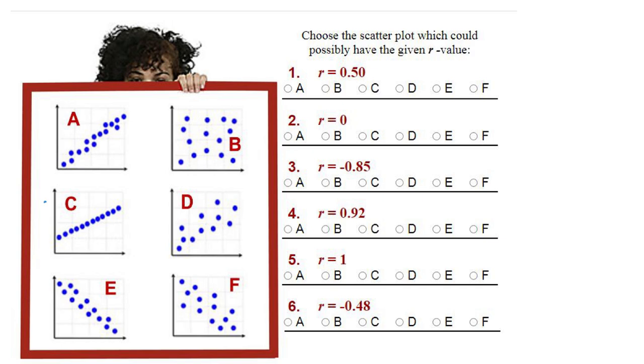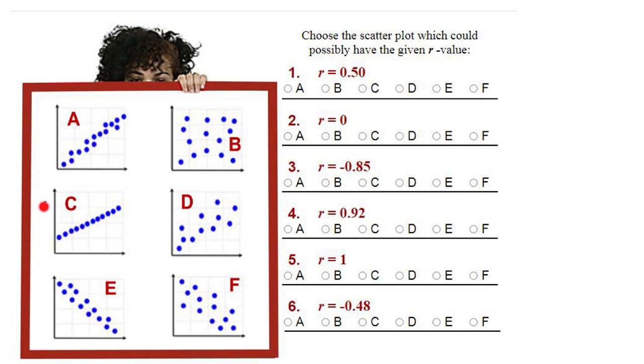So when I look at these correlation coefficient options, because I have 6 different numbers here, 0.5, 0, 0.85, 0.92, 1, 0.48, and those are negative, by the way, I'm looking for the closest to 1 as the strongest. The closer I am to 0 would be the weakest.